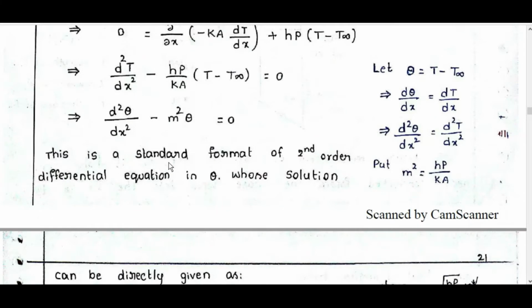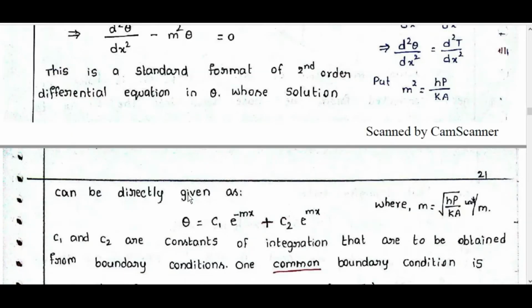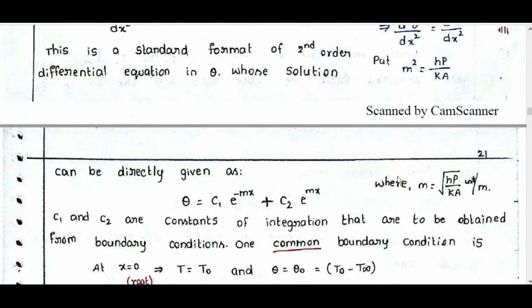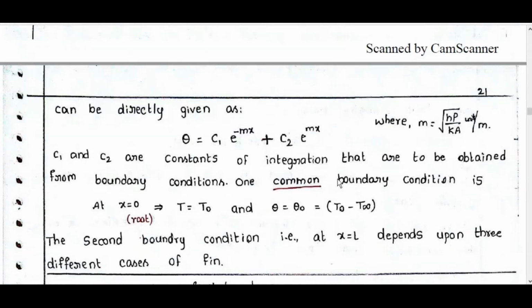This is a standard form of second order differential equation in theta, whose solution can be directly given as theta is equal to C1 e power minus mx plus C2 e power plus mx, where m square is equal to hP by kA, that is m is equal to root of hP by kA.